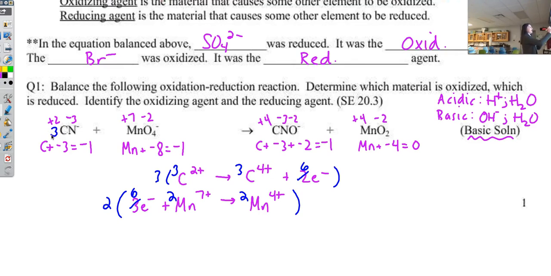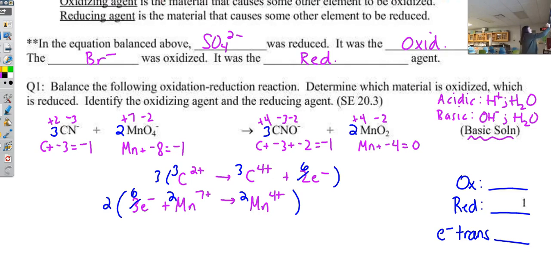In front of the Mn, I have a 2. On the right side of my arrow, I have a 3 in front of the carbon there and a 2 in front of there. Okay, so before we do the hydrogen or the hydroxide and the water, because it's in basic solution, let's figure out our oxidized, reduced, and electrons transferred.